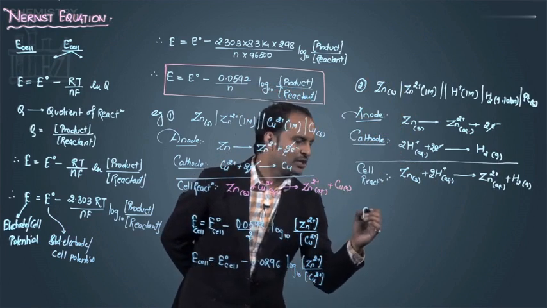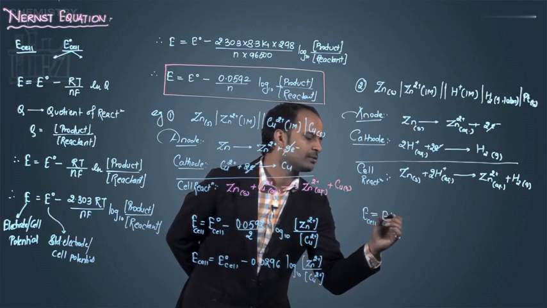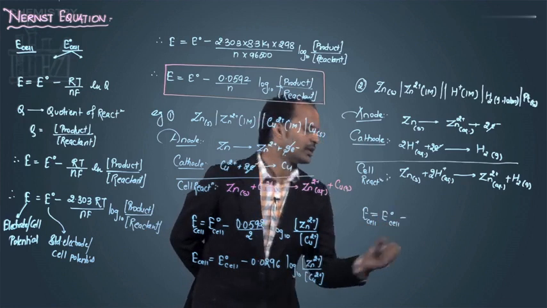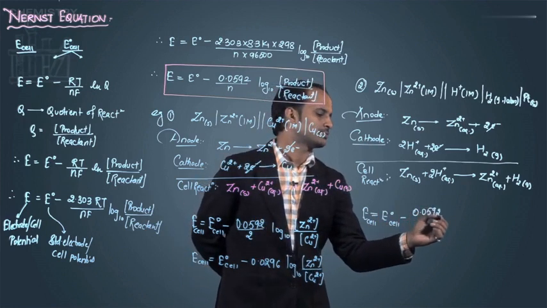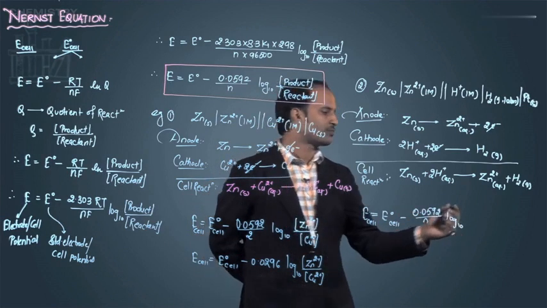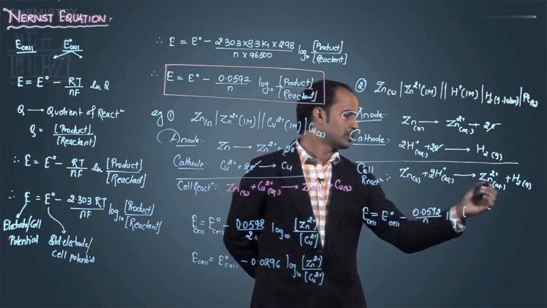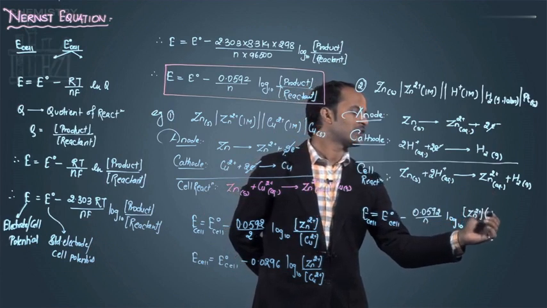The Nernst equation for the cell: E cell is equal to E naught cell minus 0.0592 upon n log to the base 10 molar concentration of product. The product here is zinc ion as well as the pressure of hydrogen gas.